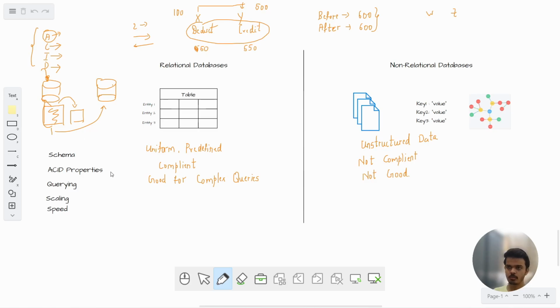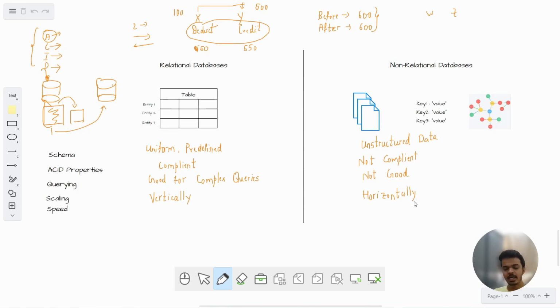By scaling vertically, I mean to say that it is convenient to scale vertically, it is difficult to scale horizontally. It does not mean that it cannot be scaled horizontally. It can be scaled horizontally, but there are other complications involved. Whereas non-relational databases can be scaled horizontally.